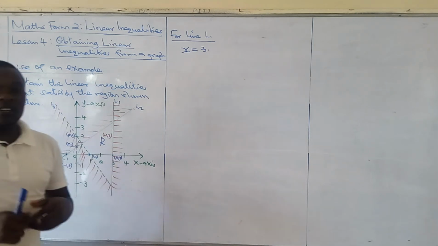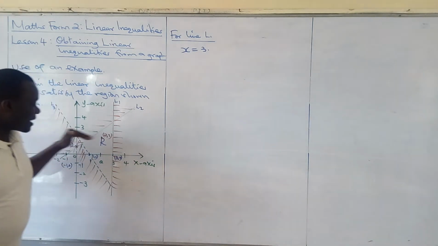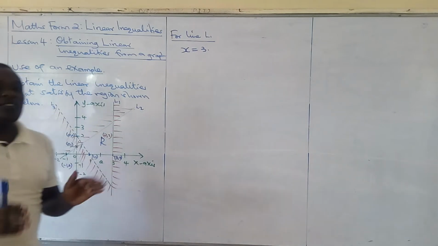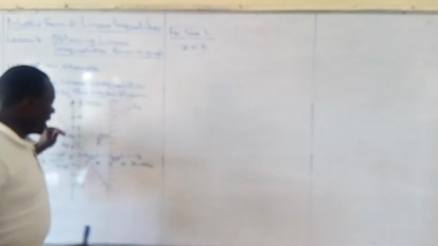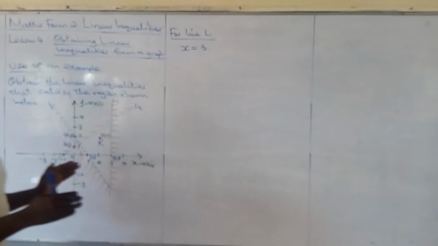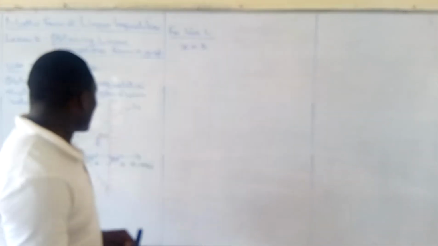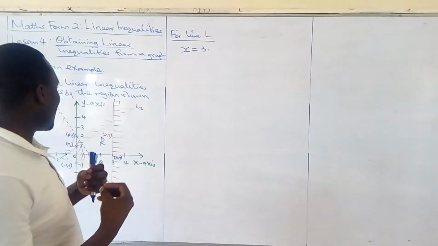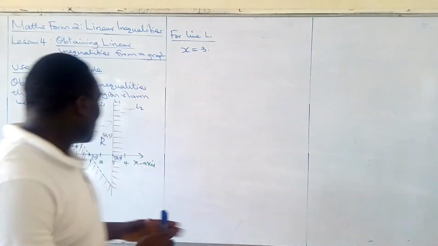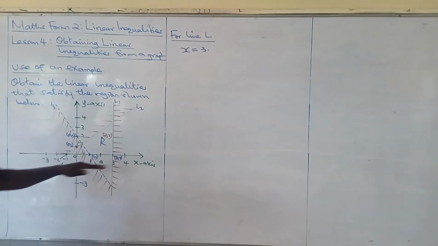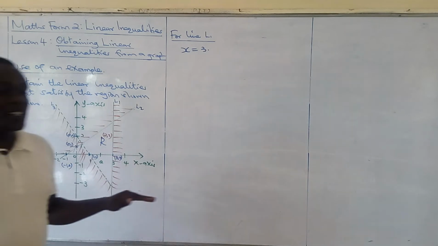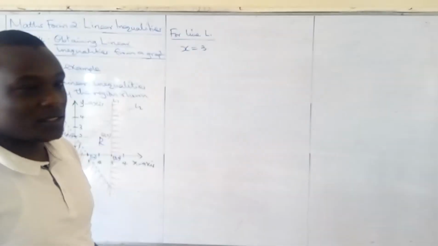If we were given a line parallel to the x-axis, we would look at where the line passes through the y-axis, and then say y equals that given number. So lines that are parallel to either the y-axis or x-axis are very simple to find equations for.